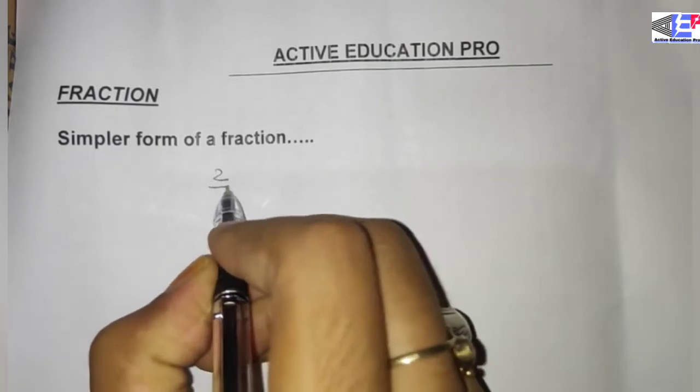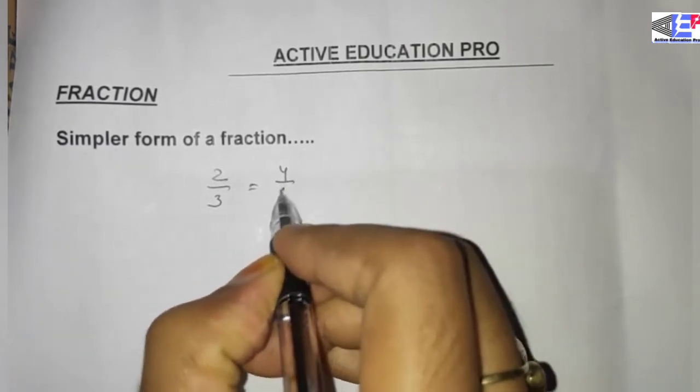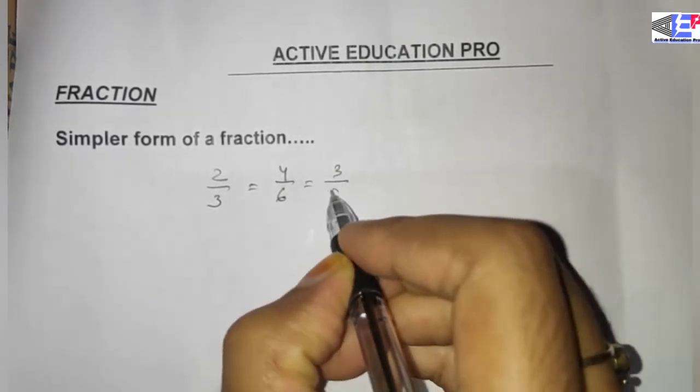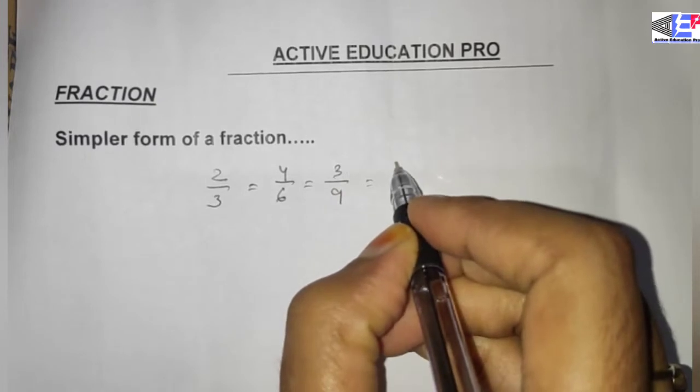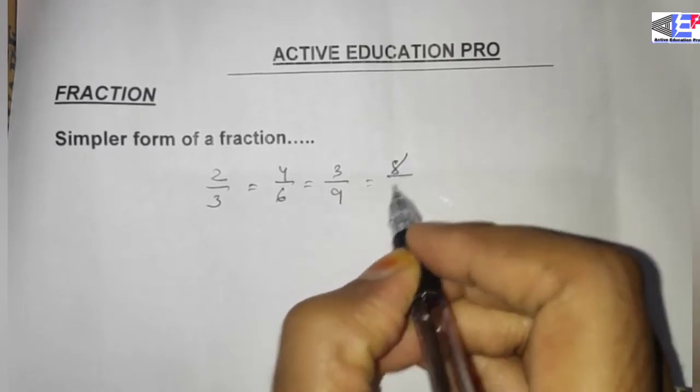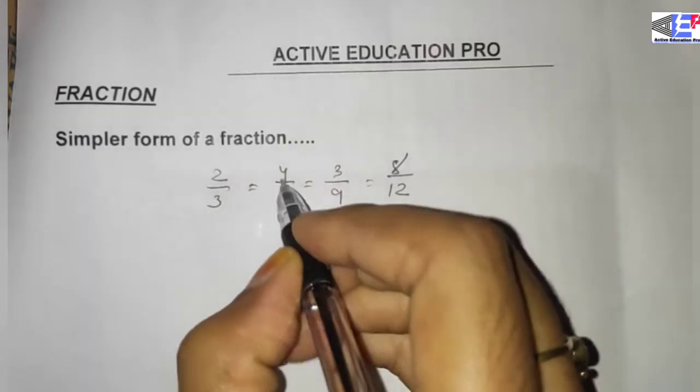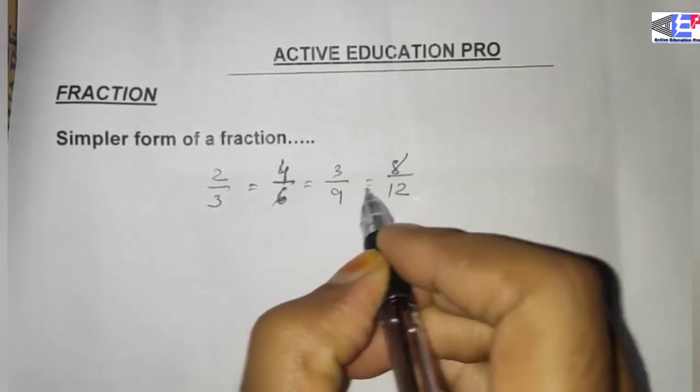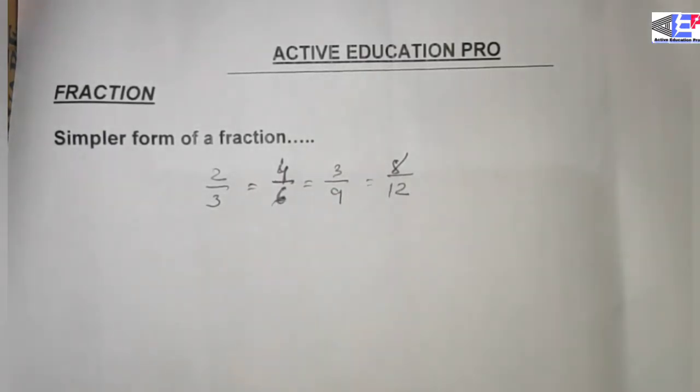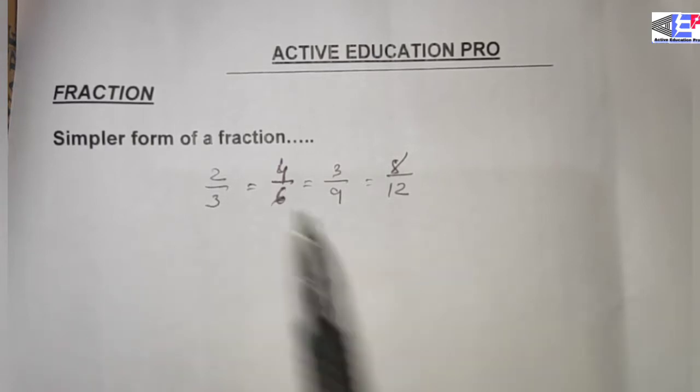Suppose this is 2 by 3. You can write 4 by 6, 6 by 9, 8 by 12. All are equivalent fractions, because the same number is multiplied with both numerator and denominator.